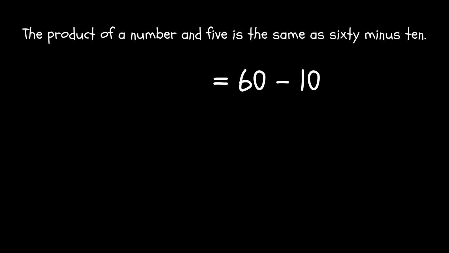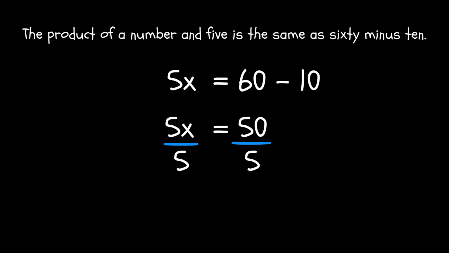Now the product means we're multiplying, but it says the product of a number and 5. So we have 5 and a number, which is a variable. We have 5x equals 60 minus 10. Now we can simply subtract 60 minus 10, which is 50. Now we have 5x equal 50. Let's divide both sides by 5. 50 divided by 5 is 10.